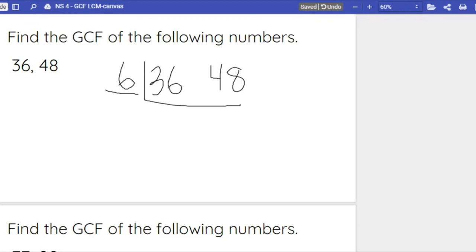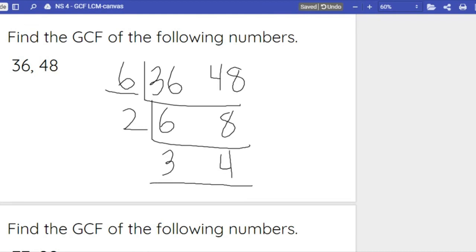So 36 divided by 6 is 6. 48 divided by 6 is 8. I'm going to draw another ladder step because I know there are numbers that go into 6 and into 8, which is 2. 6 divided by 2 is 3. 8 divided by 2 is 4. Anything go into 3 and 4?